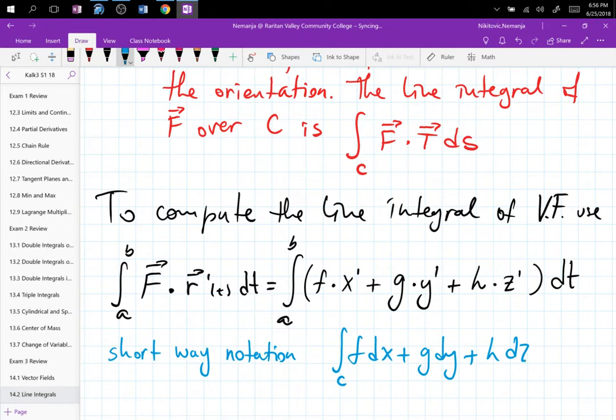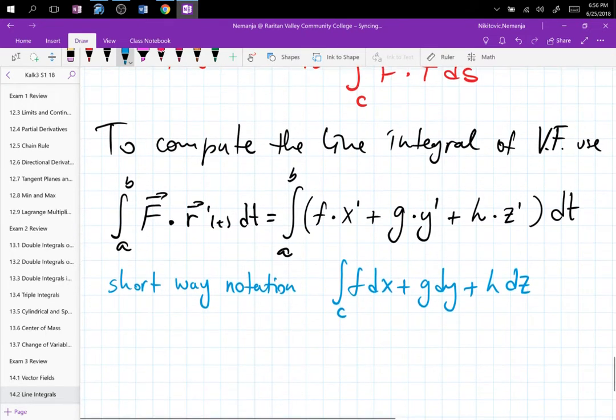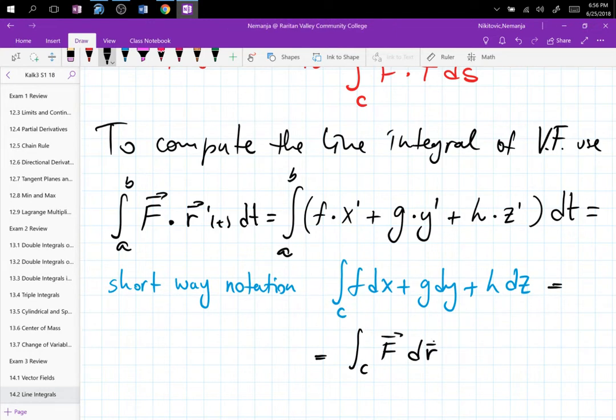This is notation that we actually haven't used before. That is also equal to the integral over C of F dr, a vector notation. Both work because it's a dot product: your dr has dx, dy, dz, and your vector F has F, G, and H in it.